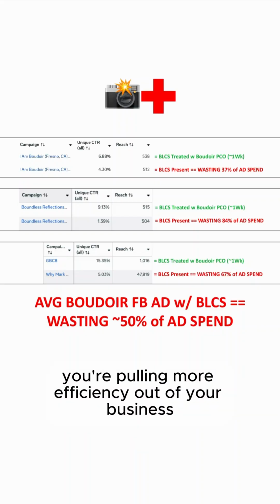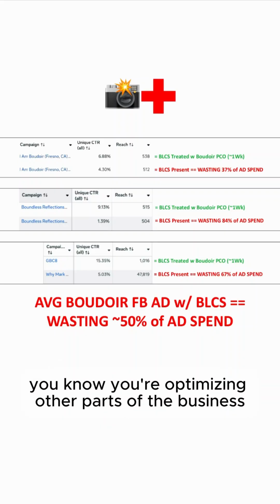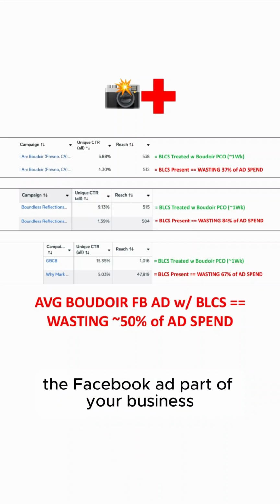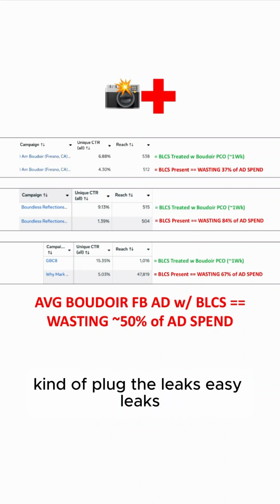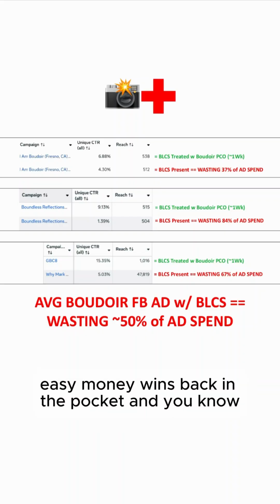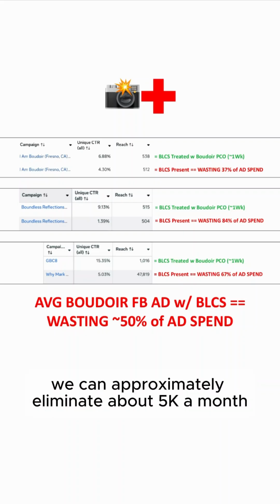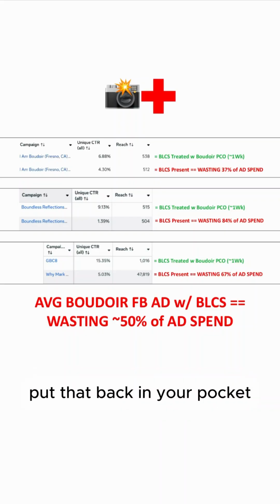So you decide you're pulling more efficiency out of your business. You're optimizing other parts of the business. Now you decide you want to optimize the Facebook ad part of your business, plug the easy leaks, get some fast, easy money wins back in the pocket. And you're seeing we can approximately eliminate about 5K a month in wasted Facebook ad spend, put that back in your pocket.